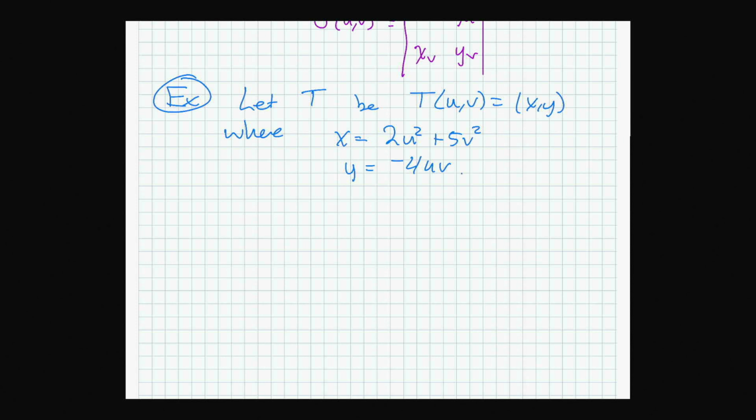Oh, I thought I was on a Jacobian question and I'm not. Oh well, we'll find the Jacobian anyway. I'm just going to say find the Jacobian, J of u, v. This was actually a completely different question than I thought it was.